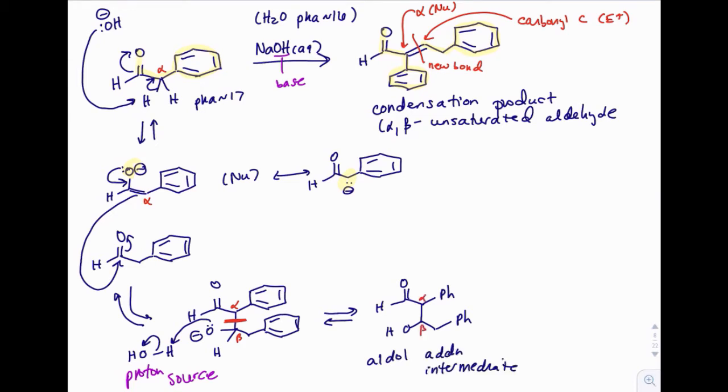So I asked you to draw the mechanism all the way to the condensation product. Remember that this reaction occurs by this E1CB mechanism. The first step is that the hydroxide deprotonates alpha to the carbonyl. That proton alpha to the aldehyde is acidic, and that's how I knew to deprotonate it. That generates an enolate. An enolate is a stable conjugate base.